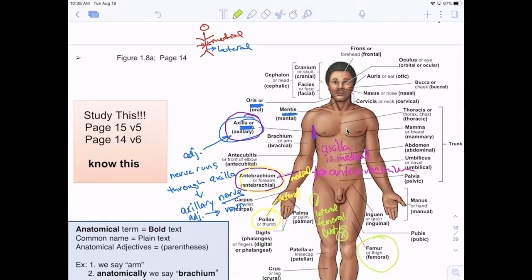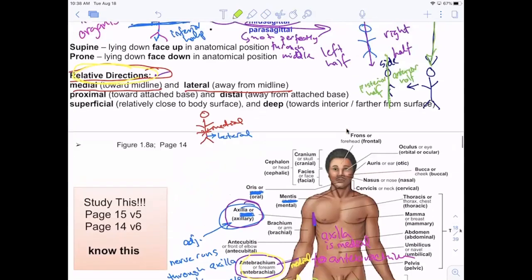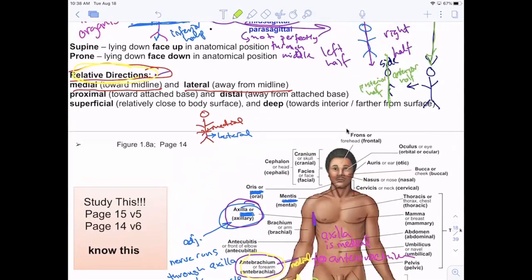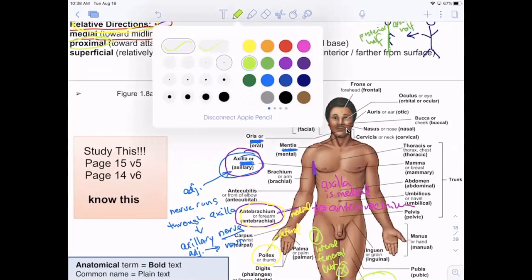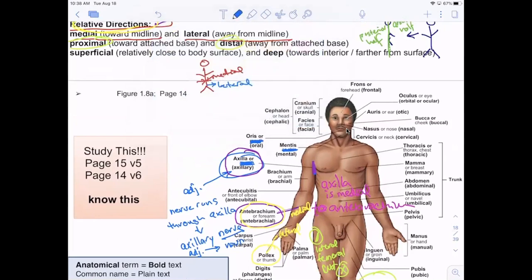And then you can also start using the relative terms distal and proximal. Proximal and distal are used for arms and legs. It's really important to understand that proximal and distal are terms used for your arms and legs, or your appendages.